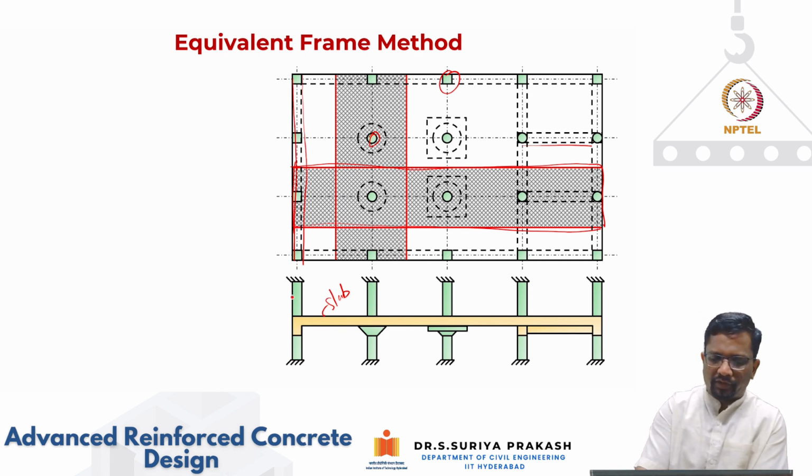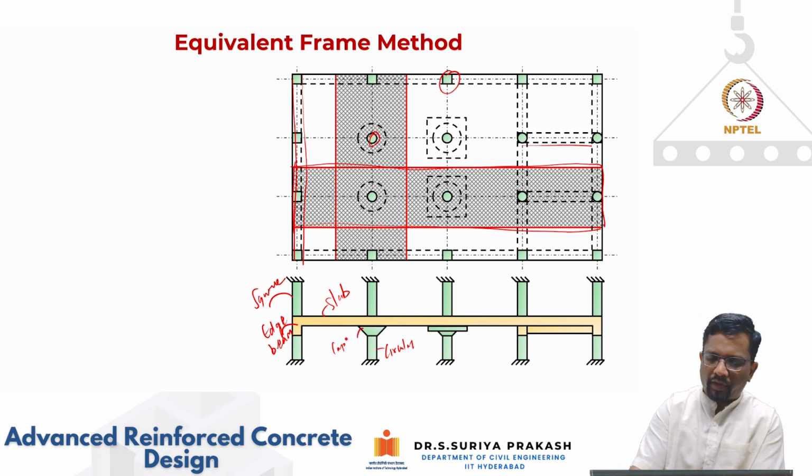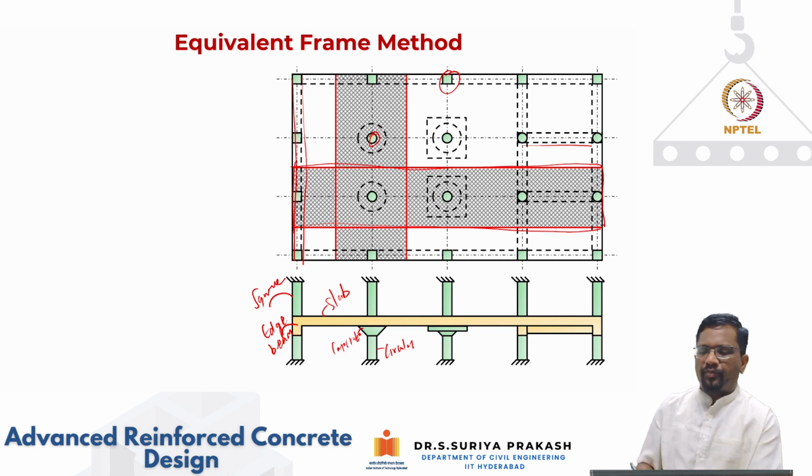For example, this is a square column, and this is the edge beam. Then at the next support, you have a circular column with a column capital, and at the next support, you have a circular column capital and this is your drop panel.